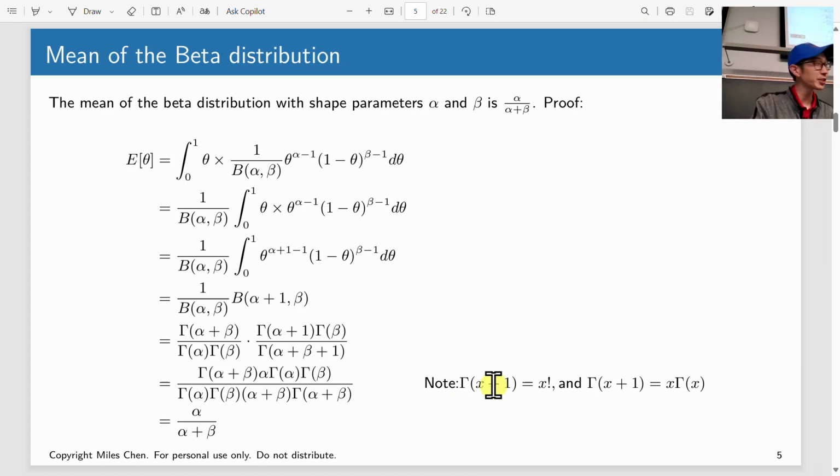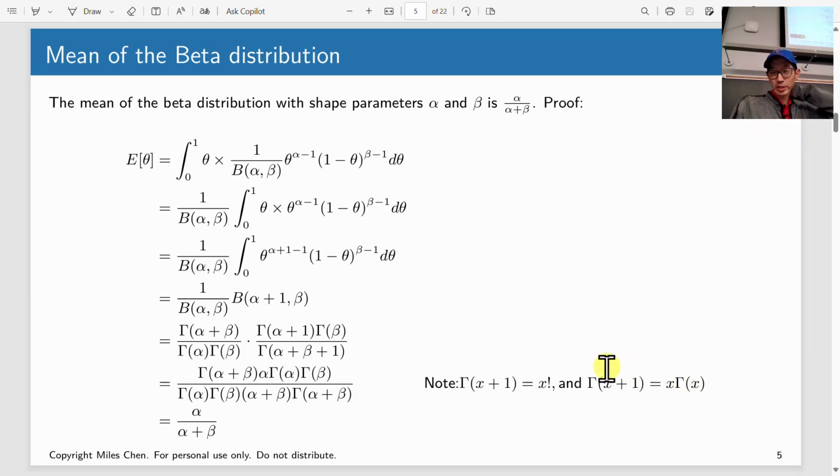One definition of the gamma function, at least for integers, is that gamma of x plus 1 is equal to x factorial. You can take a recursive definition of the factorial function and say gamma of x plus 1 is just x times gamma of x, because gamma of x would then just be the factorial of x minus 1, and so on and so forth.